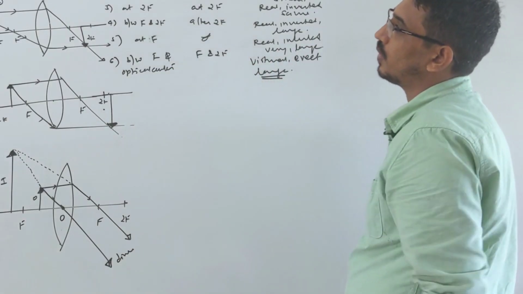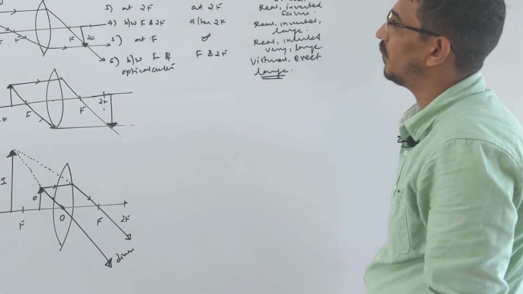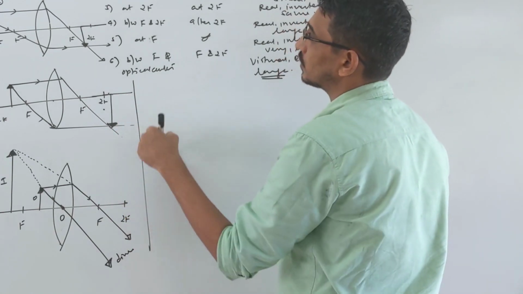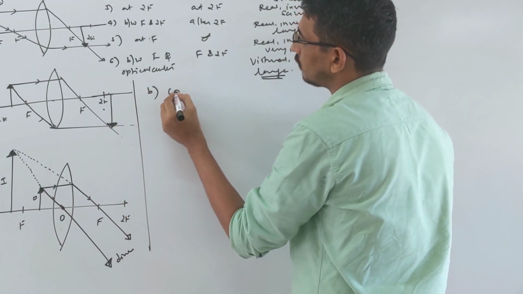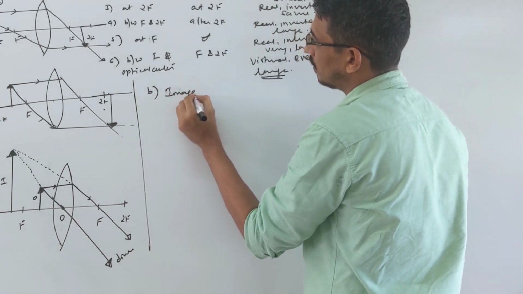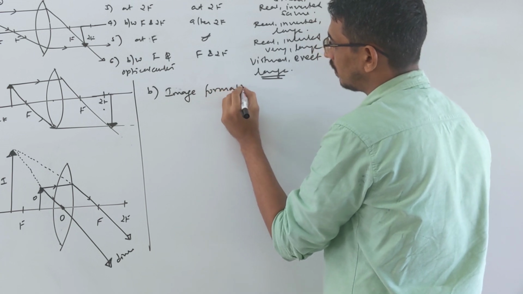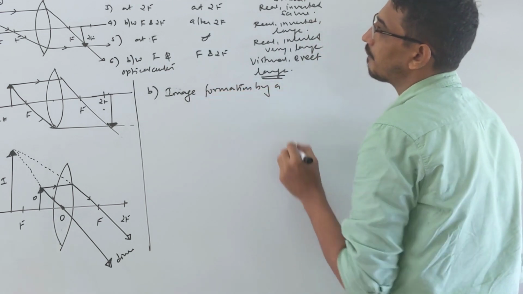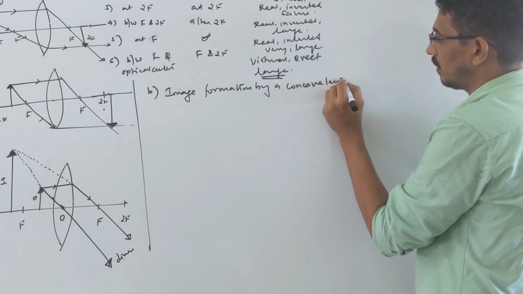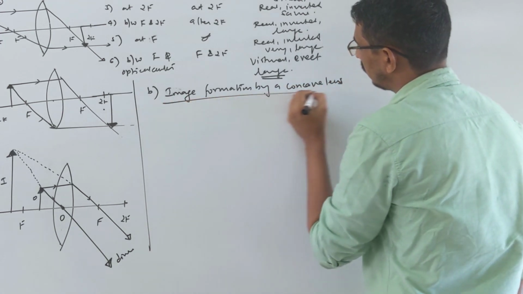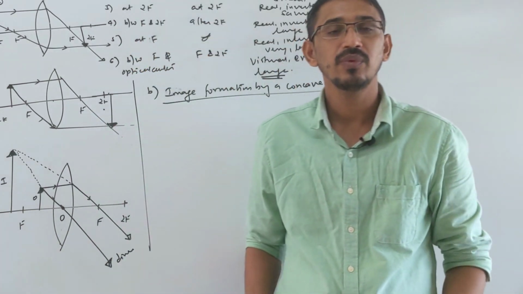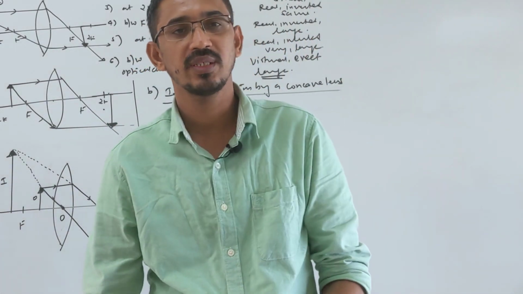This one I have done for image formation by a convex lens. Then let's talk about the concave lens also. Second case, image formation by a concave lens. Two cases only we'll talk, because this always makes a virtual image. Either you put the object before the focus or after the focus, it doesn't make any difference.